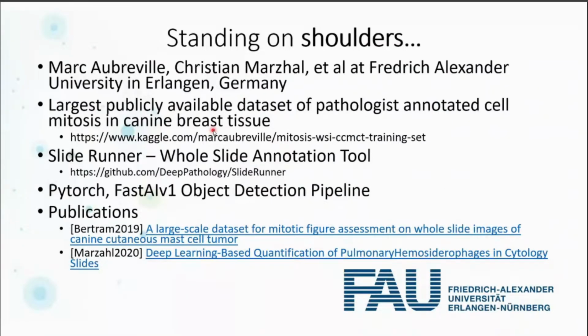They've also built a really useful whole slide annotation tool and spent a lot of time addressing the challenge of agreement or disagreement between pathologists in assessing what is a genuine instance of mitotic activity or any type of feature within the overall specimen. And they've built a nice pipeline on Fast AI and PyTorch that they've published their findings for object detection.